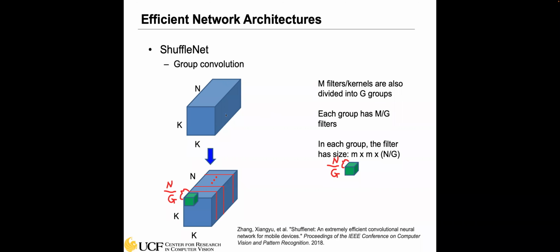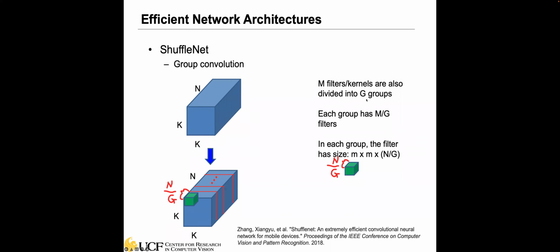So in the group convolution, the idea is that we want to divide these channels into several groups. For example, let's say we want to divide these n channels into 3 groups, right? Each group has an equal number of channels. So divide them into 3 groups. At the same time, if you want to use m filters or m kernels, you also divide them into the same number of groups.